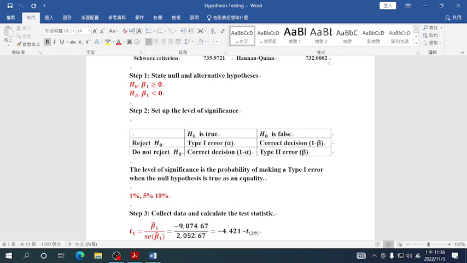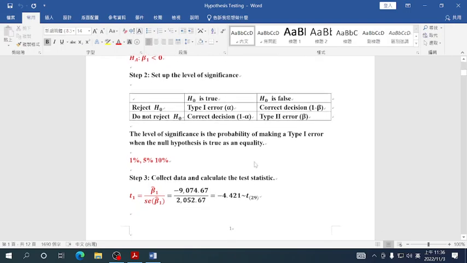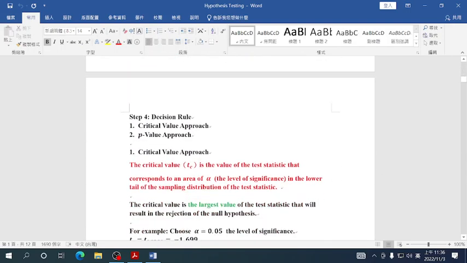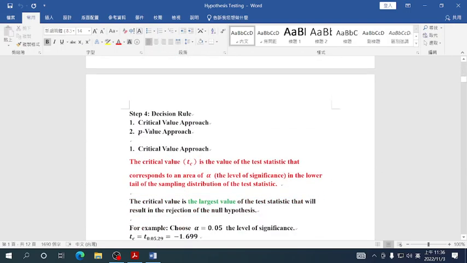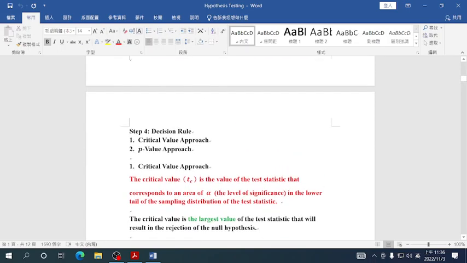Okay. So here is the author really recommend what we call critical value approach. So I'll do this one first.